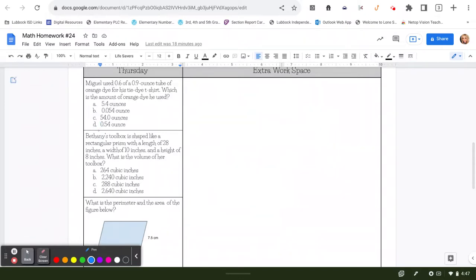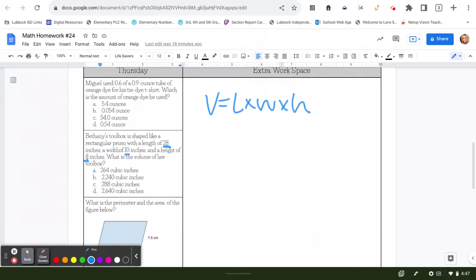Okay? Bethany's toolbox is shaped like a rectangular prism with a length of 28 inches, a width of 10 inches, and a height of 8 inches. What is the volume of her toolbox? So remember, our formula for volume is volume equals length times width times height.